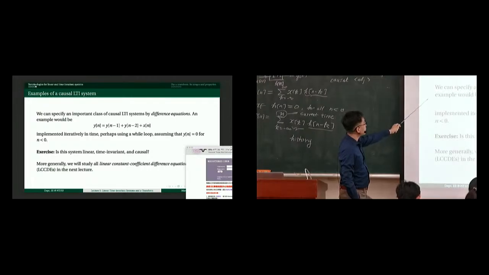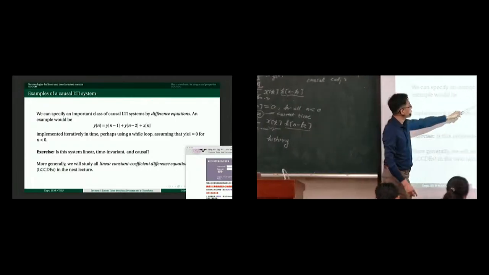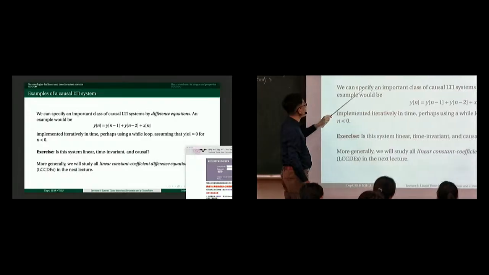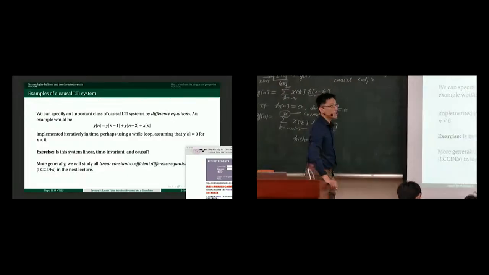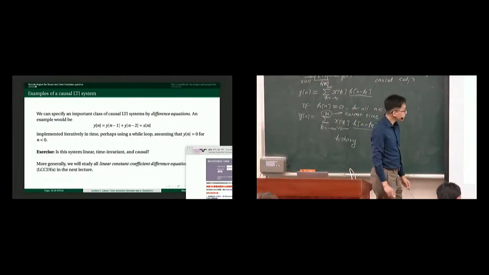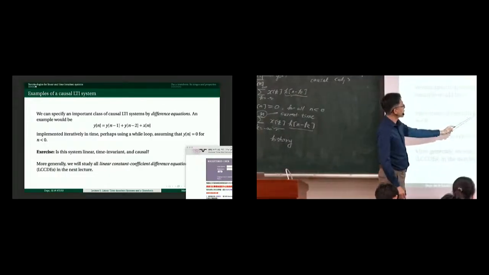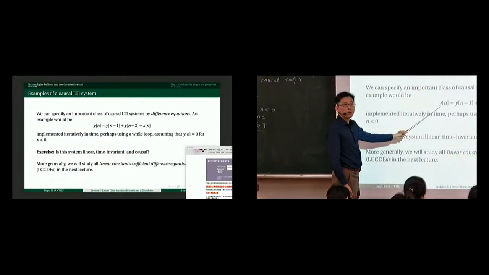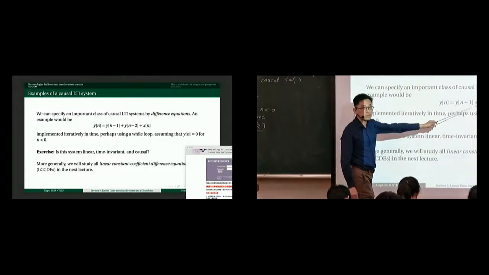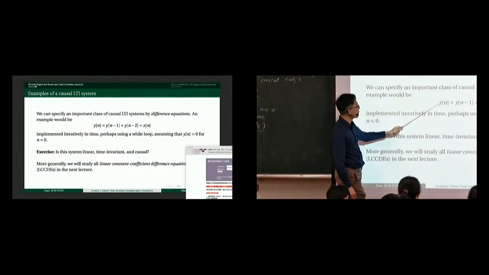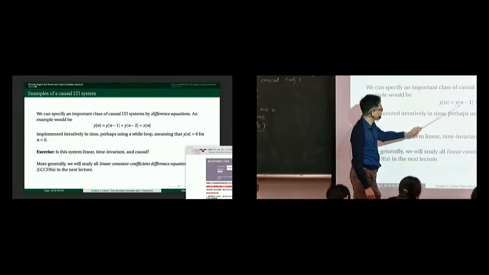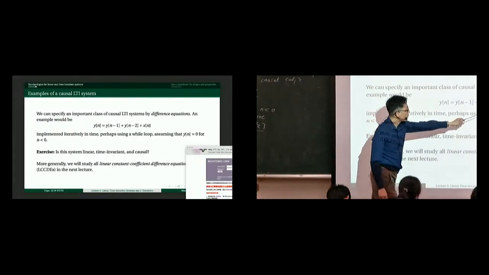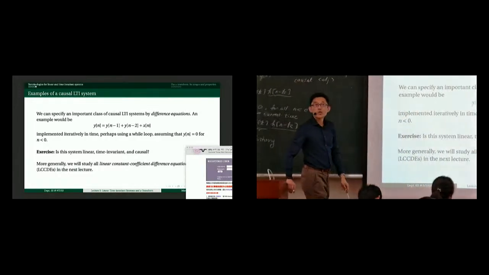Here's an important kind of causal LTI system: it can be defined through difference equations like that. This is an example of a difference equation. Now let's take a look. The current output depends on the past outputs, some feedback, so you need to consider the past two samples and sum them up with the current input.